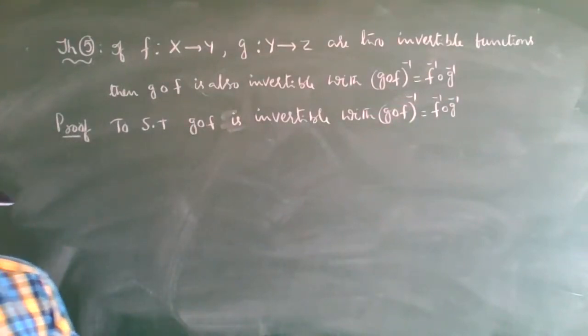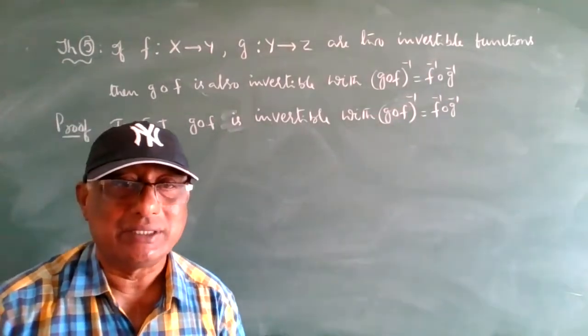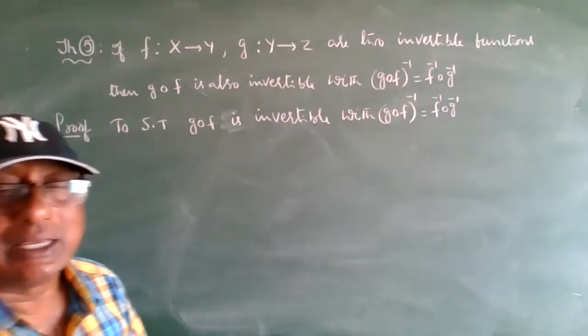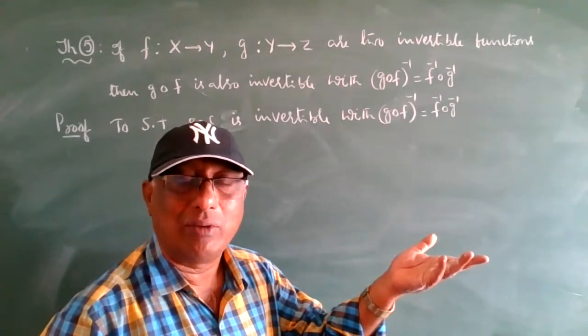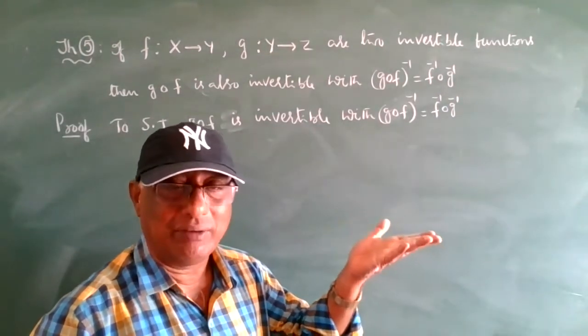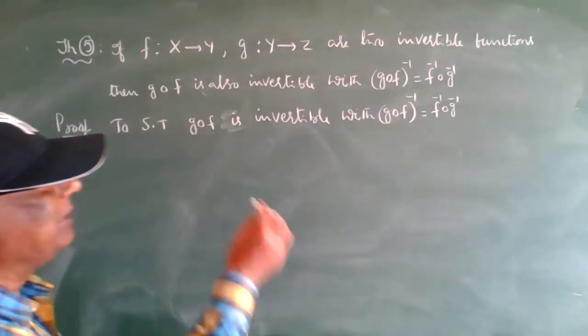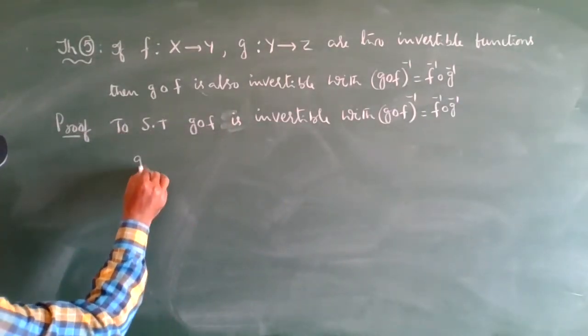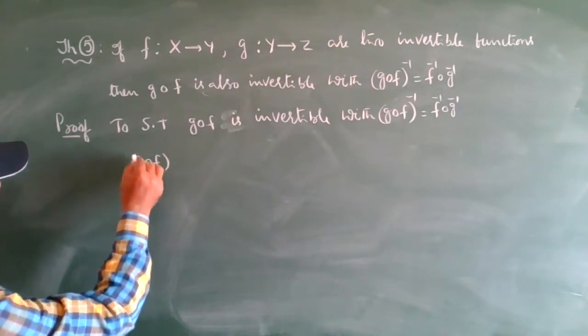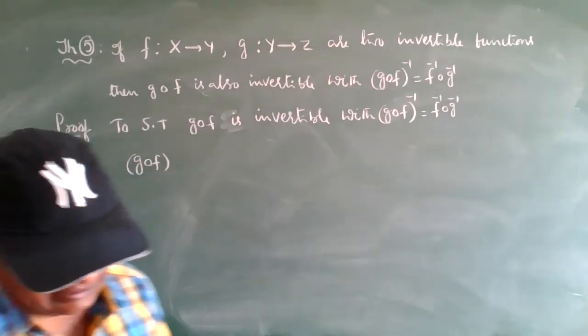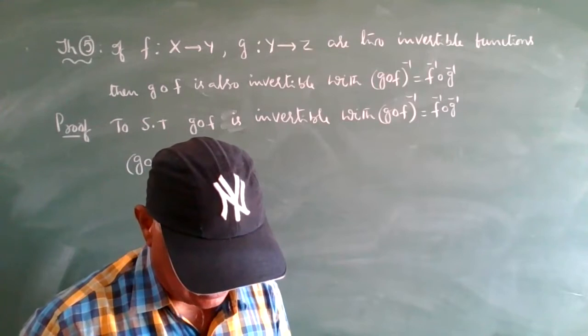Now we only wrote F circle F inverse is equal to I. Basing on that, everyone see G circle F.